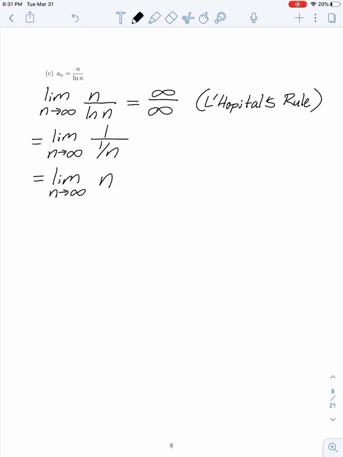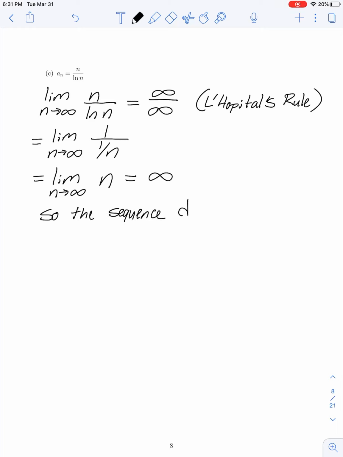If we simplify, 1 divided by 1/n is n. So the limit of n as n approaches infinity is undefined. Our limit does not exist. The value of n becomes unboundedly large.